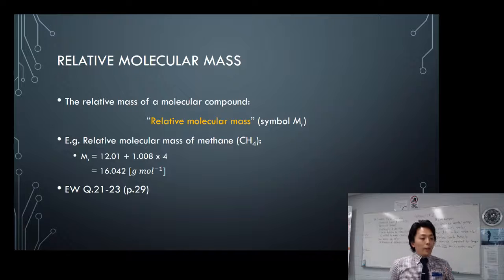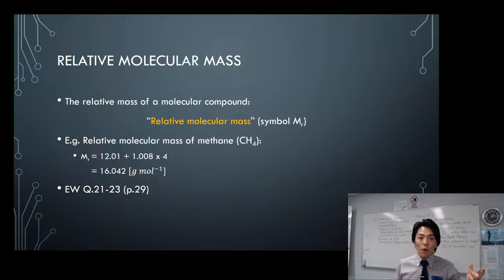Okay? The relative mass of a molecular compound can be expressed as Mr, and it is called relative molecular mass. For example, the relative molecular mass of methane, which is CH4. Now you can figure out its molar mass or molecular mass just by looking at the atomic mass numbers and adding them up.